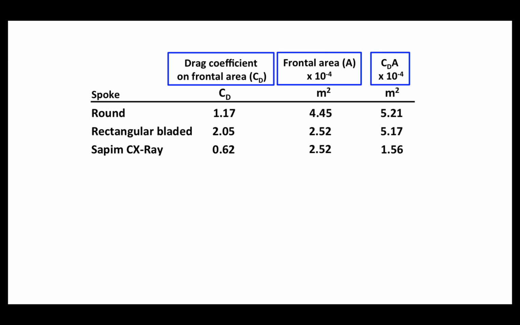Just to emphasize the point, if I multiply my frontal area by my drag coefficient for a round spoke, I get this CDA. For the Sapim CX-Ray spoke, if I multiply my frontal area, which is less, by my drag coefficient, which is less, I get a CDA, which is much less.